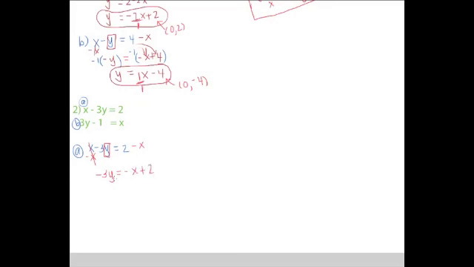Okay? I don't want to have this negative 3 in front of the y, so to get rid of it, remember we divide. These cancel, so what am I left with? I'm left with x over 3 minus 2/3. This one's a little weird, you guys, when you're graphing this x over 3 business.